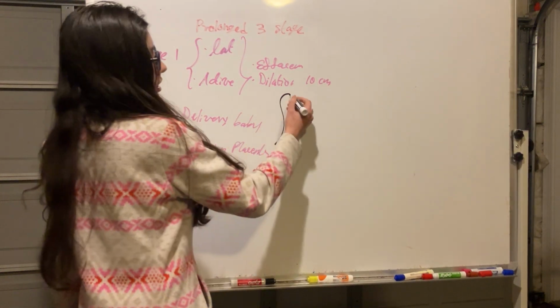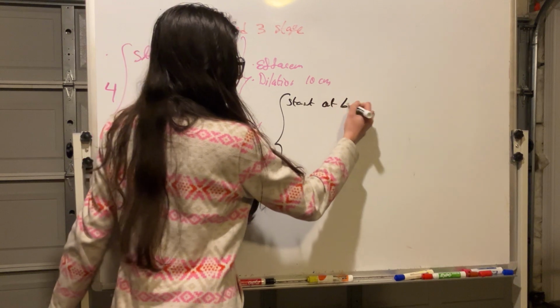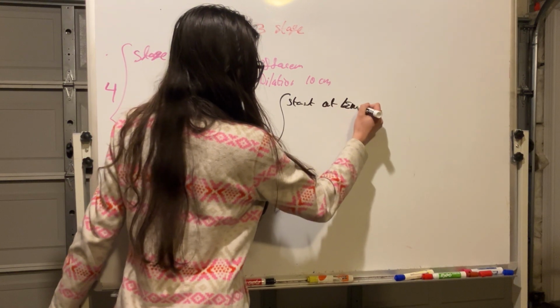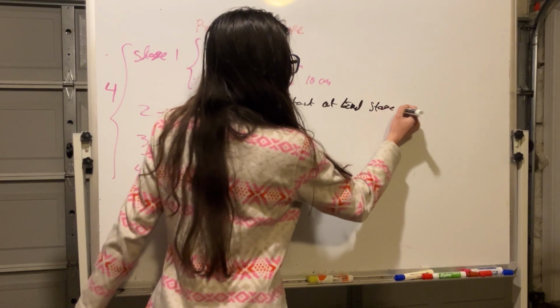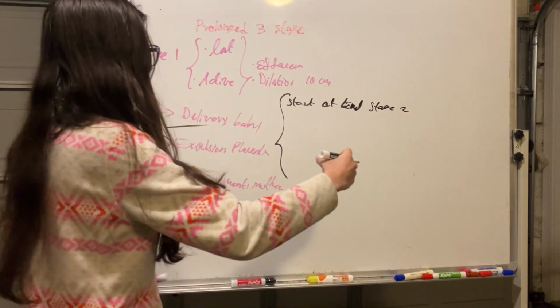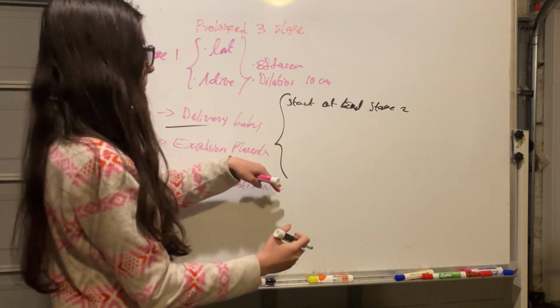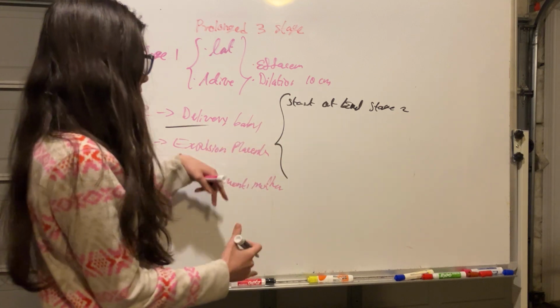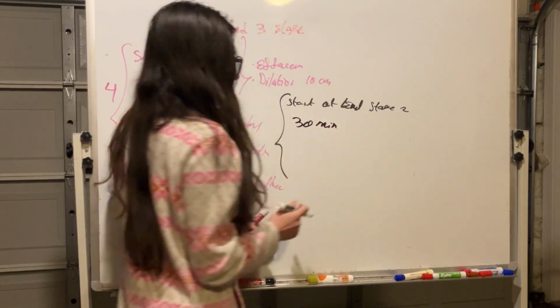Stage 3 starts at the end of stage 2. So after the baby is born, the next thing is expulsion of the placenta, and normally the duration of this is 30 minutes.